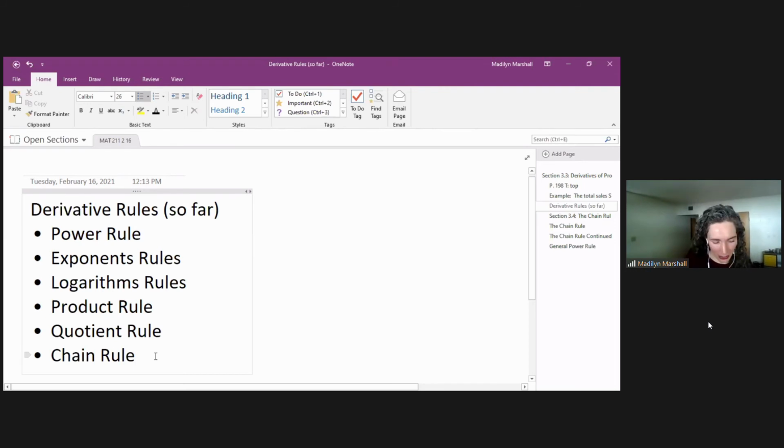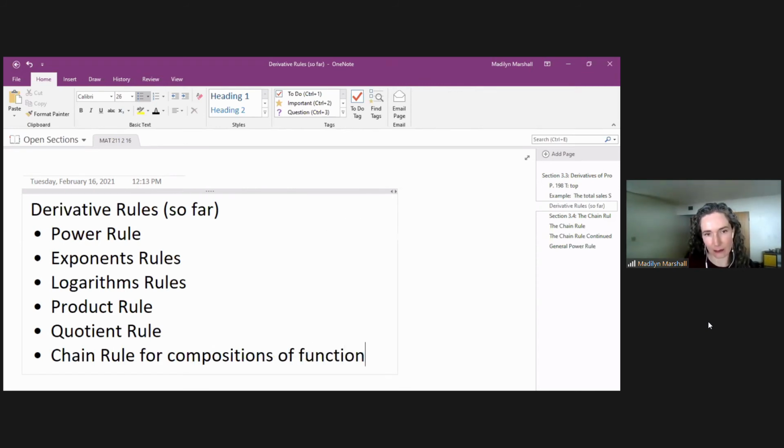Our chain rule is for compositions of functions. So we're going to do a little bit of review and practice first with compositions of functions, and then we will learn the chain rule of how we can take the derivative of those things.